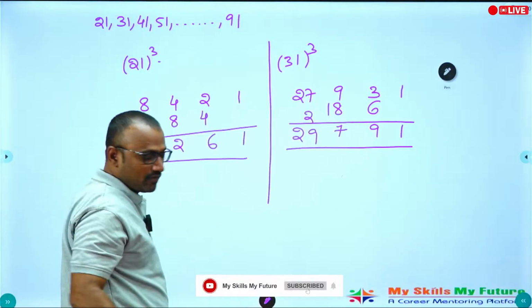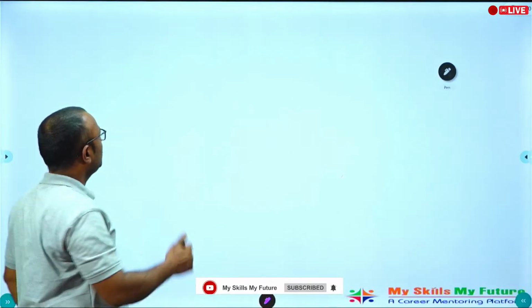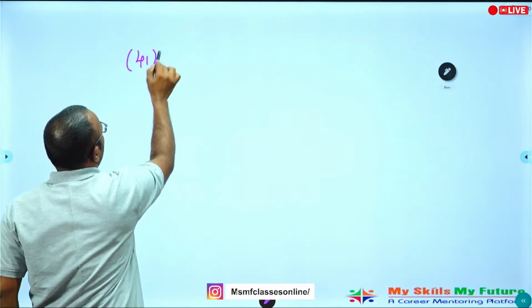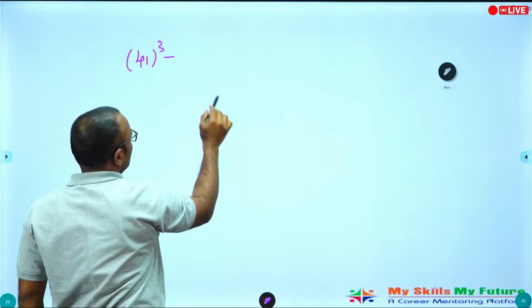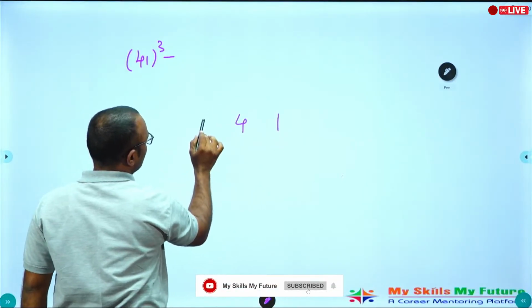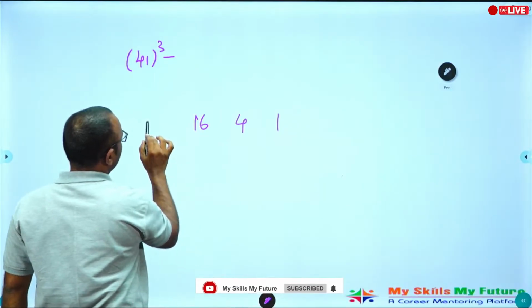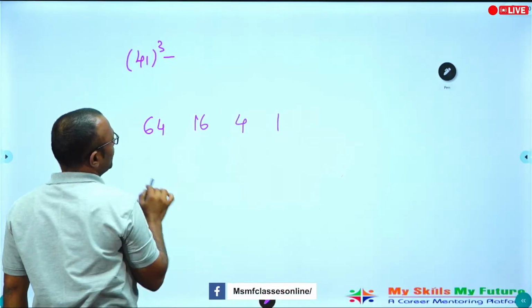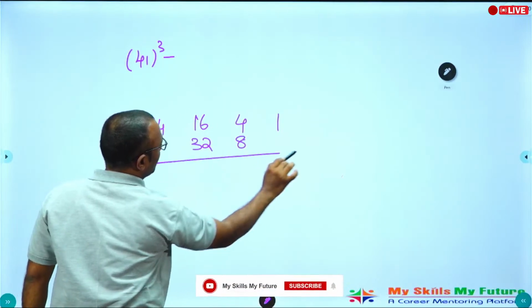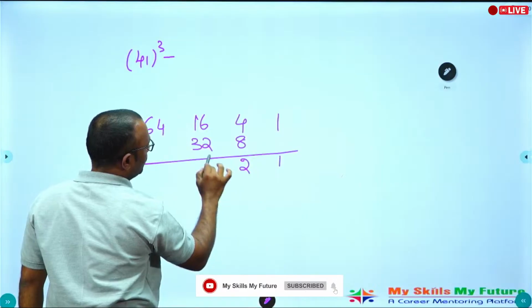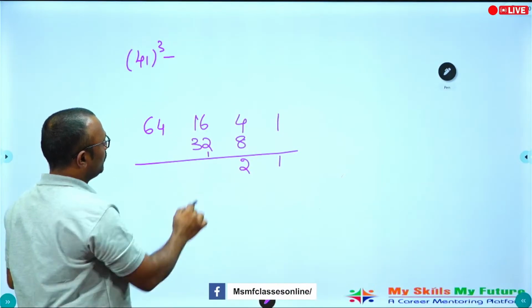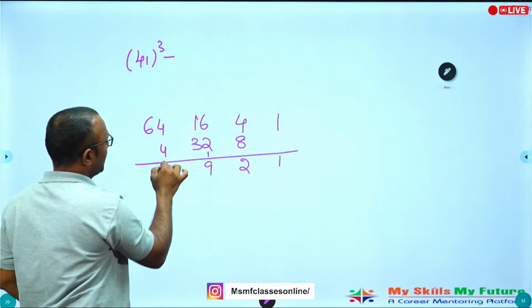One more example, 41 cube. See here, 1, 4, 4 square is 16, 4 cube is 64. So twice the middle number. So 1, 12 we get. So here 48 plus 1 is 49.